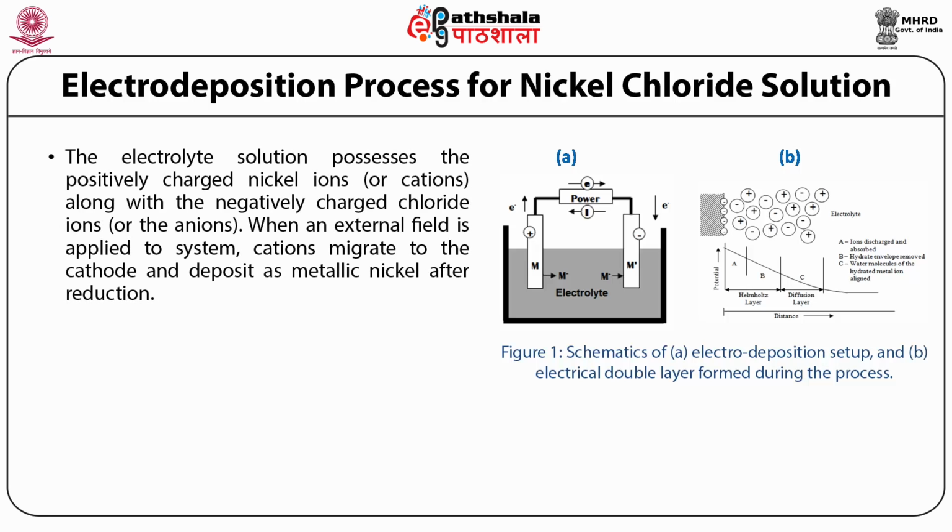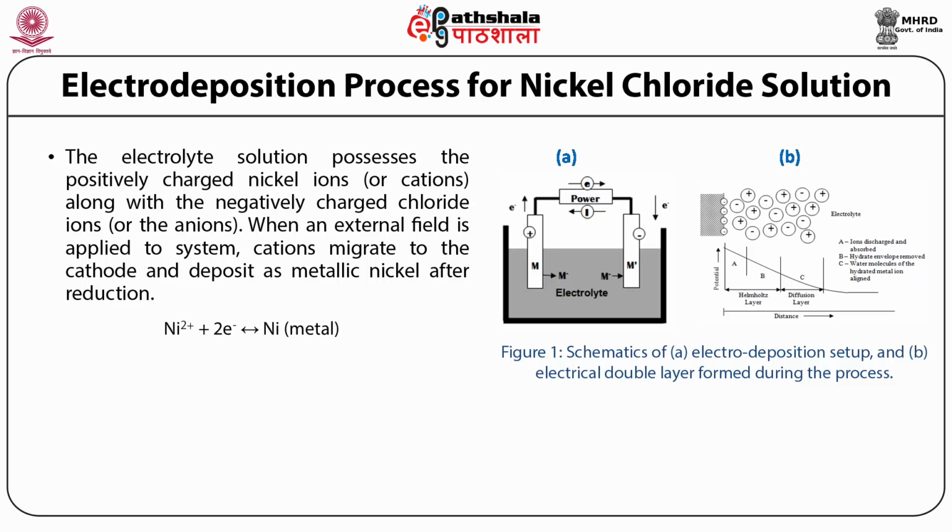The electrolyte solution possesses the positively charged nickel ions or cations along with the negatively charged chloride ions or anions. When an external field is applied to the system, cations migrate to the cathode and deposit as metallic nickel after reduction.